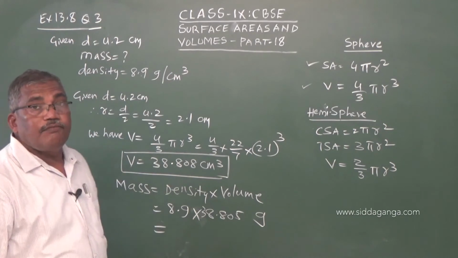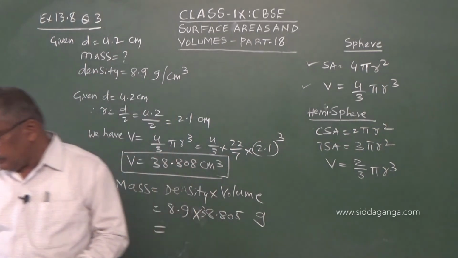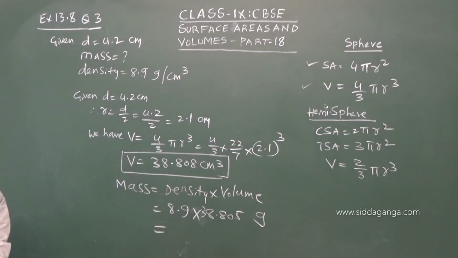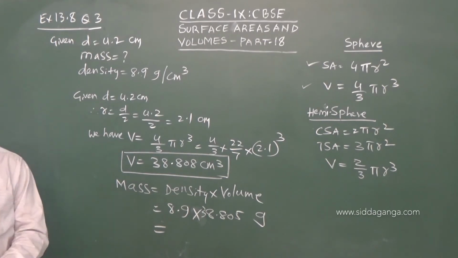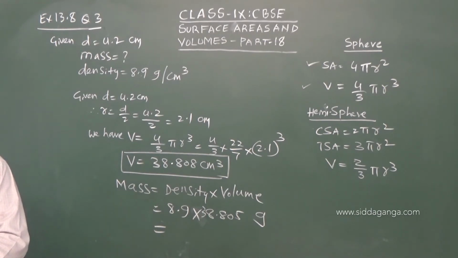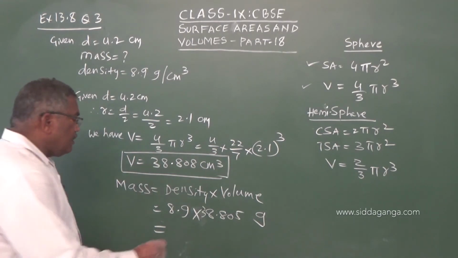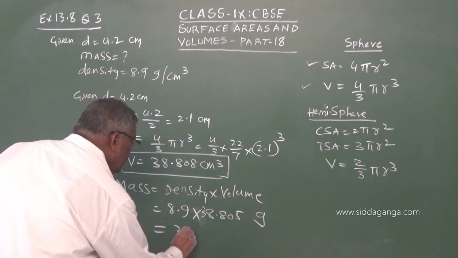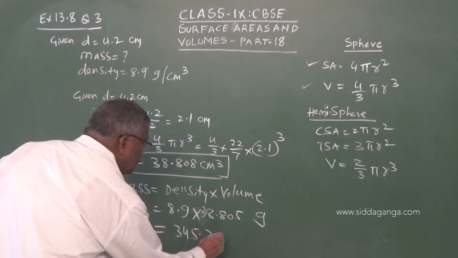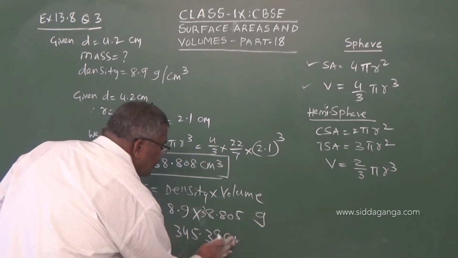So you have to calculate the density and volume to get the mass. So you will get 345.39 gram.